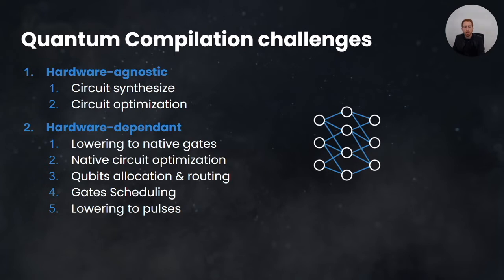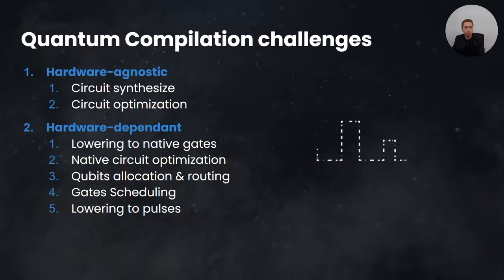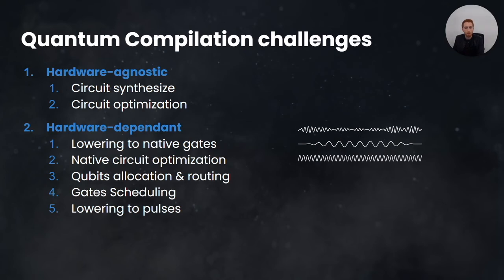Then, in order to execute the result, we need to schedule the gates, which again don't have to have the same duration, right? Maybe X on qubit 1 and qubit 2 are not of the same length. We need to schedule them relative to one another. And finally, as I mentioned earlier, we need to translate all of the gates to their equivalent pulses, which might be several pulses to one single gate.